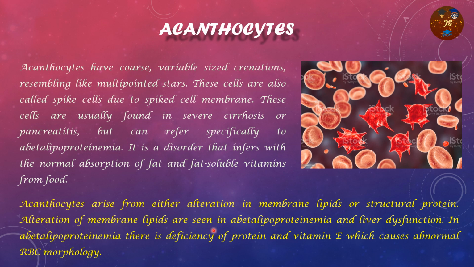Alteration of membrane lipids is seen in abetalipoproteinemia, which, as we just saw, is a disorder that interferes with the normal absorption of fat, along with liver dysfunction. In abetalipoproteinemia, there is a deficiency of protein and vitamin E, which causes abnormal RBC morphology. So this is acanthocytes.